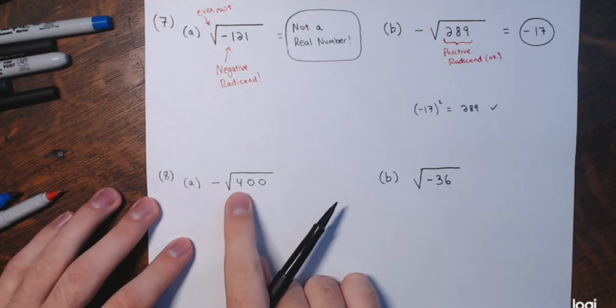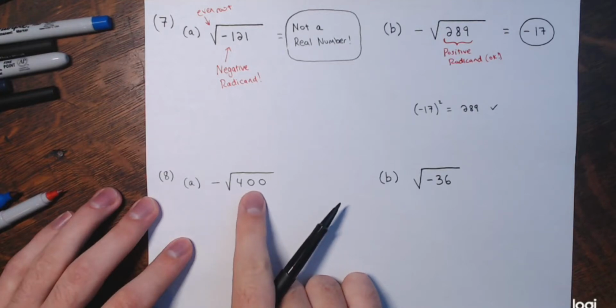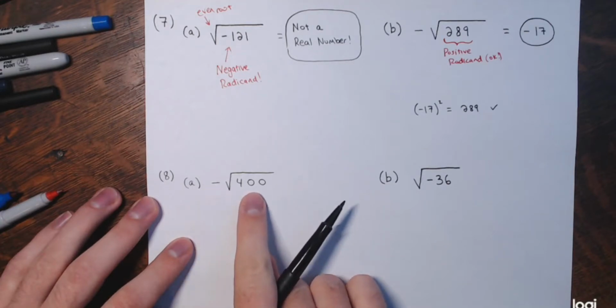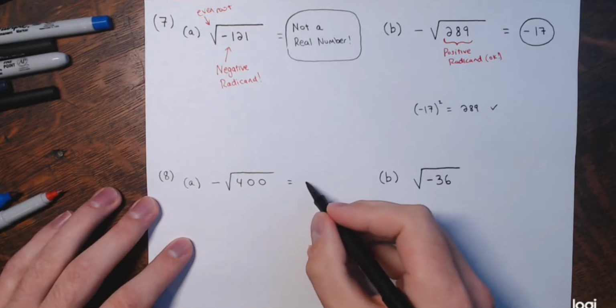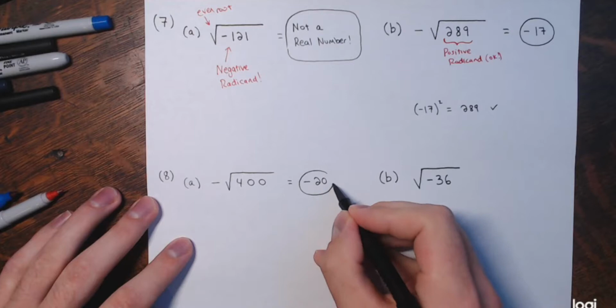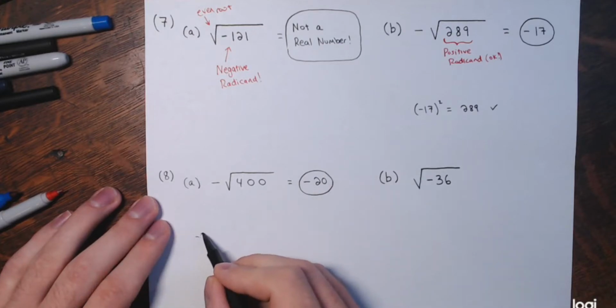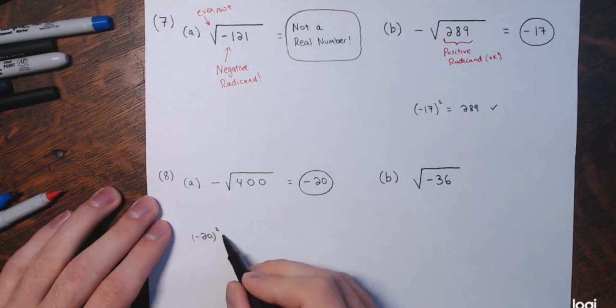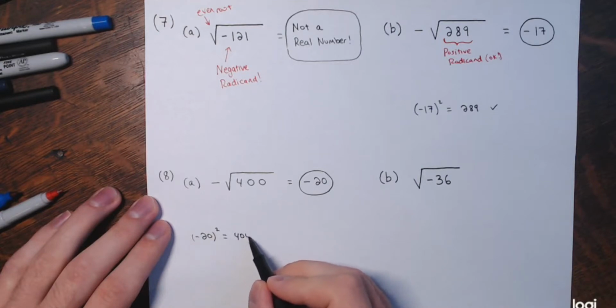We're taking an even root of a positive number. That's cool. The negative sign's on the outside, right? So this is asking for the negative square root of 400. So they want negative 20. And again, let's check that. Let's take negative 20, and this is a square root, so let's square that and see if we get 400, and we would, right? Negative 20 times negative 20 would be positive 400, the radicand. Excellent.